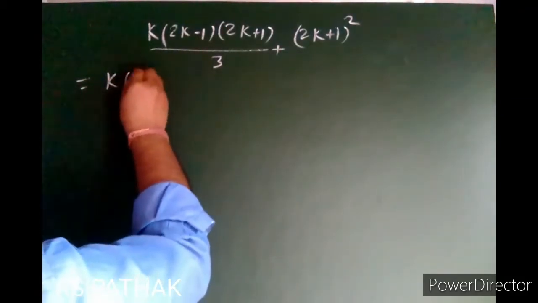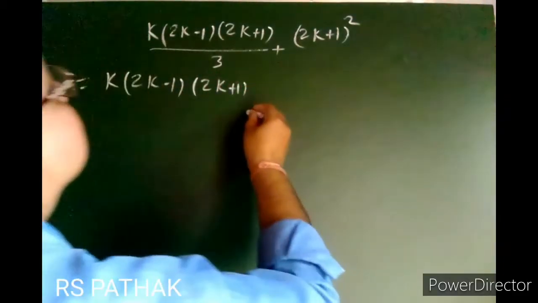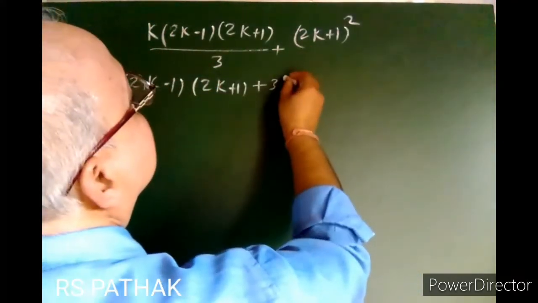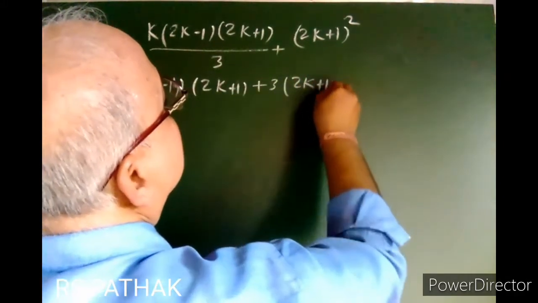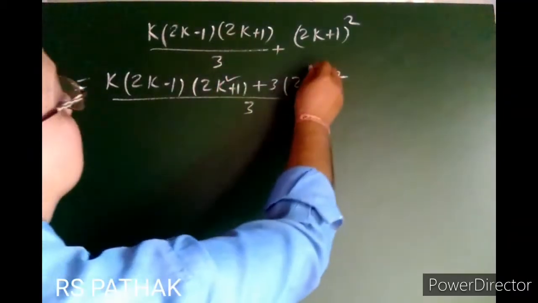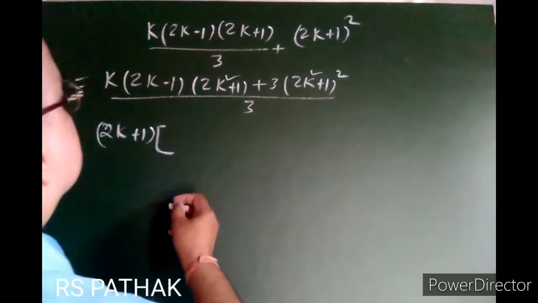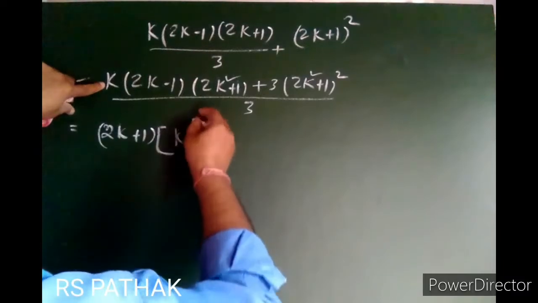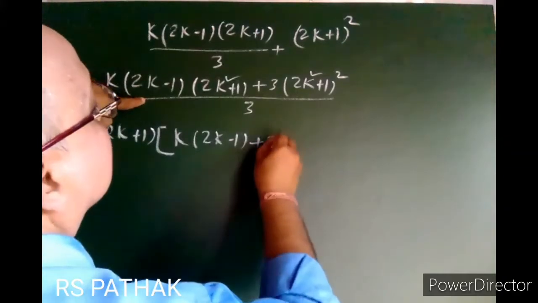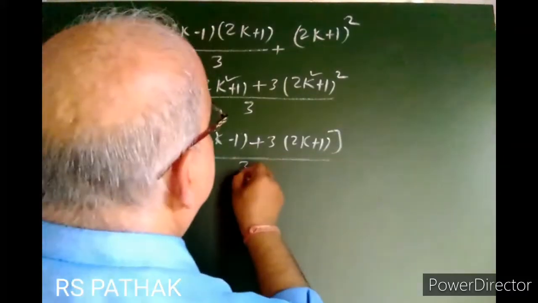k(2k minus 1)(2k plus 1) plus 3 multiplied by (2k plus 1) whole square, upon 3. 2k plus 1 is common. Then we get (2k plus 1) times [k(2k minus 1) plus 3(2k plus 1)] upon 3.